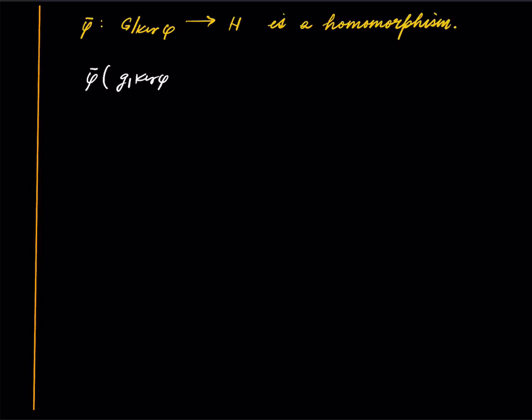So the claim is that phi bar is a homomorphism. All right. So we have phi bar of g1 kernel phi times g2 kernel phi. This is phi bar of g1 g2 kernel phi. But what is this equal to?